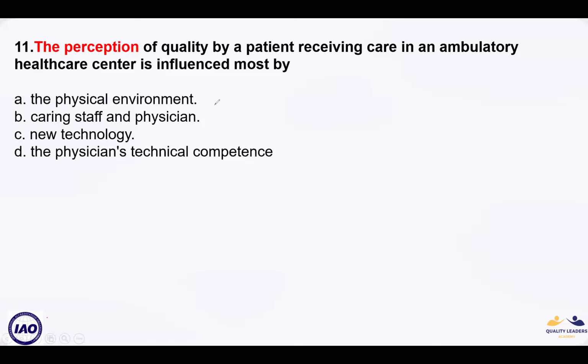See, nice waiting rooms do help, but that's not the most influential factor as far as the perception is concerned, right? And caring staff and physician, yes, because we all know human interactions, including empathy, dignity, these are all classic perception drivers. This actually matches the respect and caring dimension perfectly.